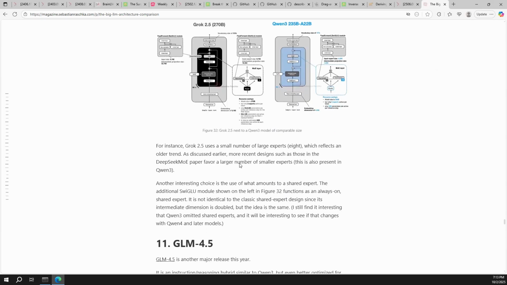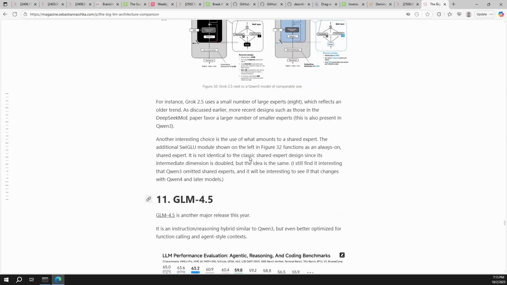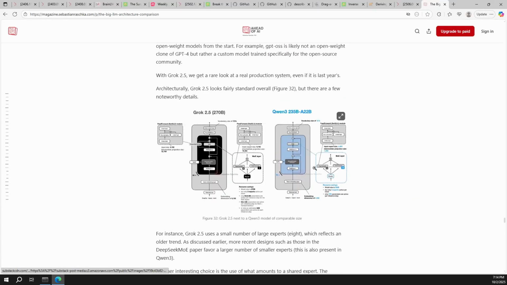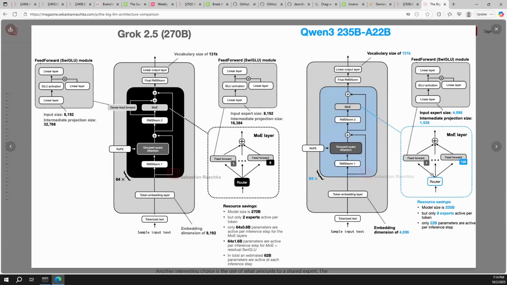Small number of larger experts is an older trend. So here is the use of what amounts to a shared expert. The additional dense expert is always on. So here in Qwen, you have one expert that's always on and 8 out of 128 to choose from for each token.